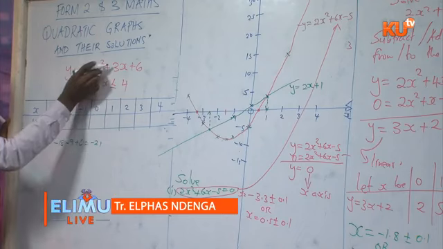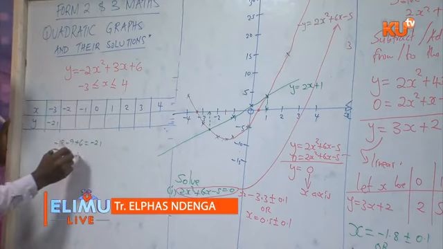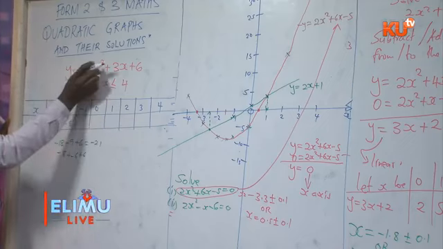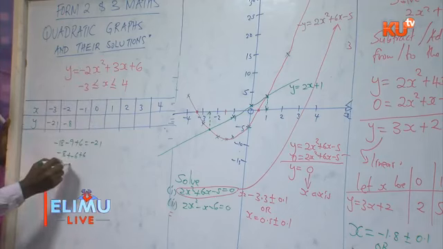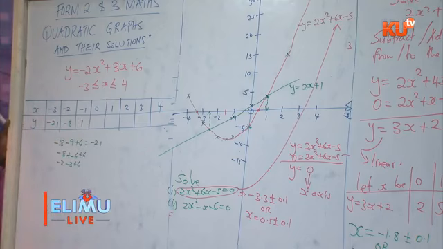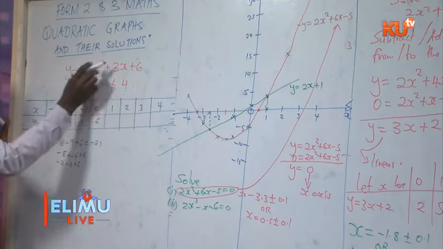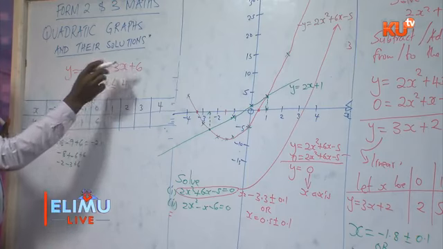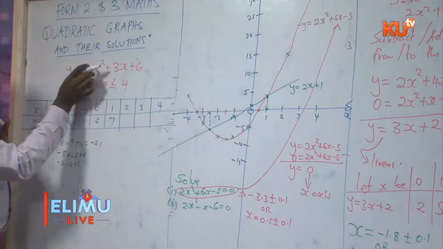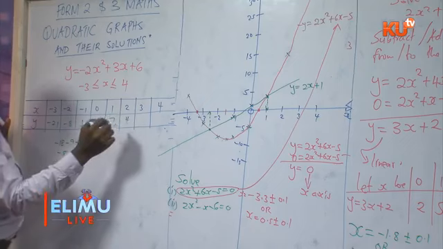Again, this is now 4, that is -8, then -6 plus 6, -8. Now come to -1 squared is 1. That is -2 minus 3 plus 6, +1. Then this is 0, 6. 1, this is -2 plus 3, that is 7. And this is 4. Therefore, this is -8, -8 plus 6 is -2 plus 6 is 4.